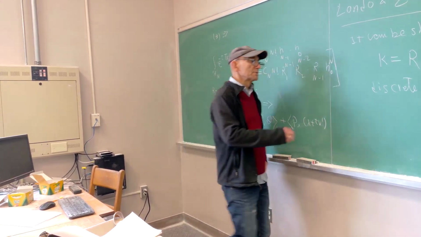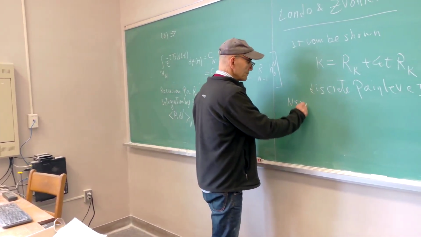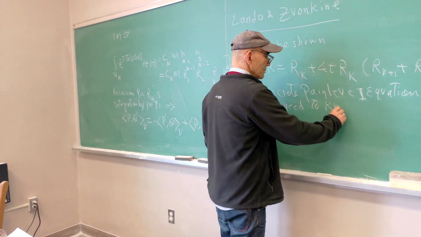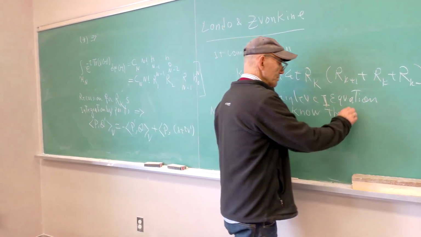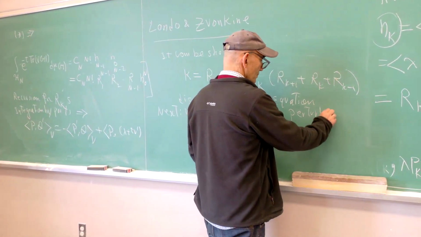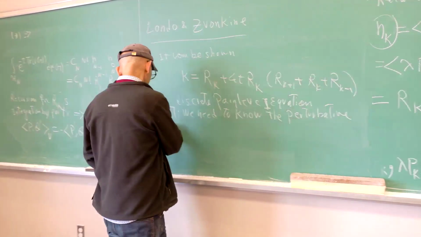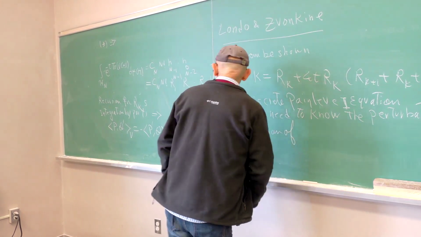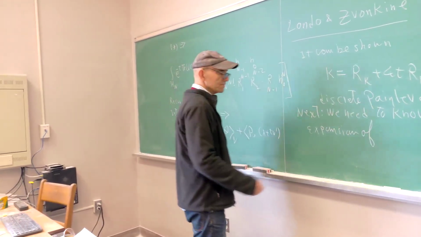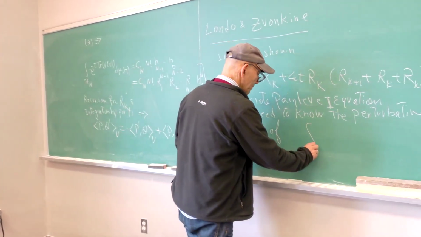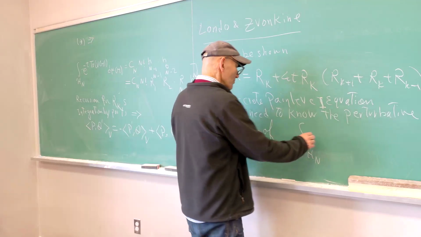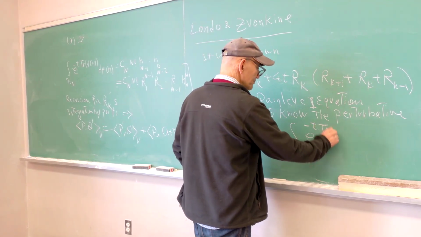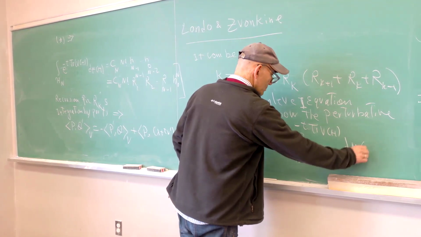And so next, we need to know the perturbative expansion of this integral, the integral over h_n of the exponential of minus the potential P of h, in h.